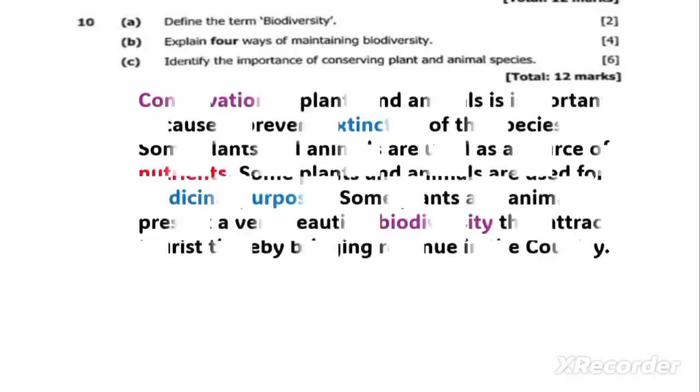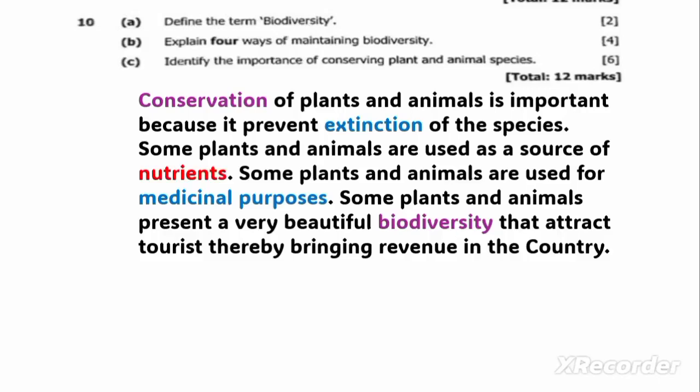So therefore, we are going to say conservation of plants and animals is important because it prevents extinction of the species. Some plants and animals are used as a source of nutrients. Some plants and animals are used for medicinal purposes. Some plants and animals present a beautiful biodiversity that attracts tourists, thereby bringing revenue to the country.